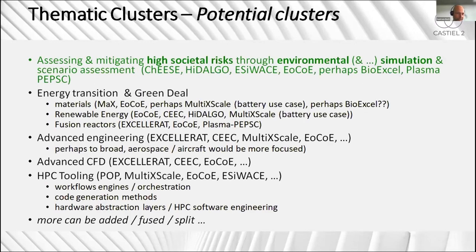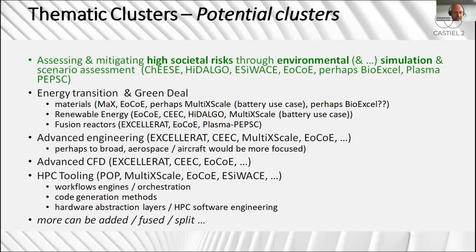So this is a list of potential clusters. It's certainly not complete. One of the first clusters we thought of is modeling high societal risks which are induced by environmental effects like climate, weather, floodings.